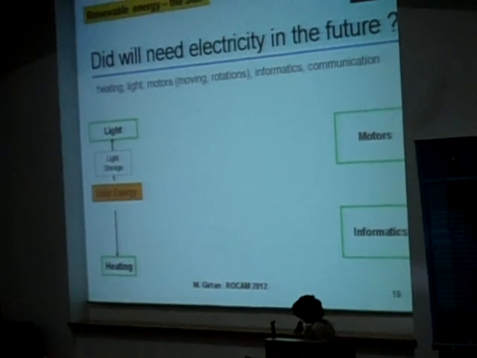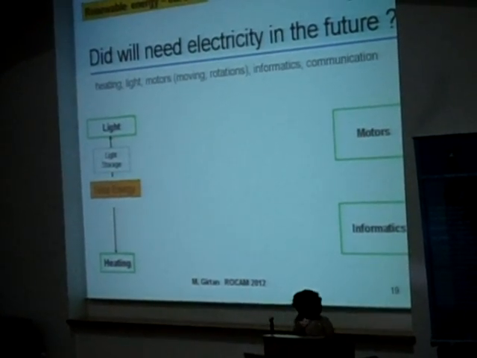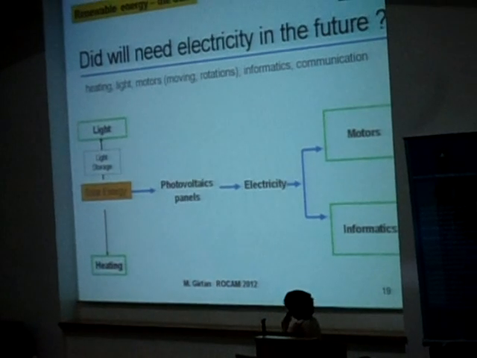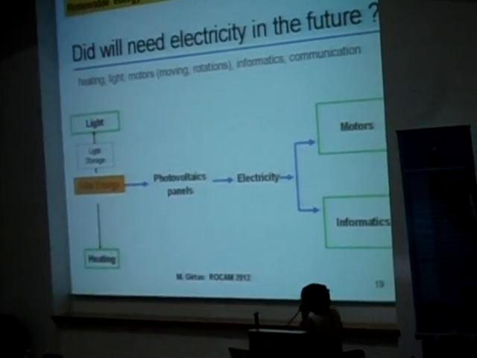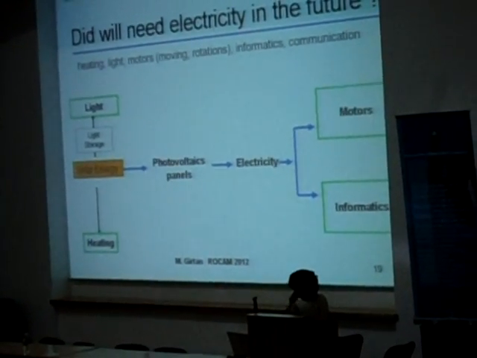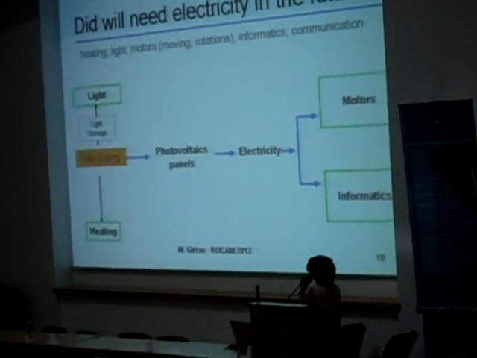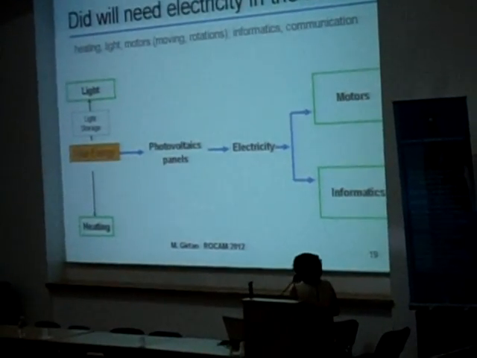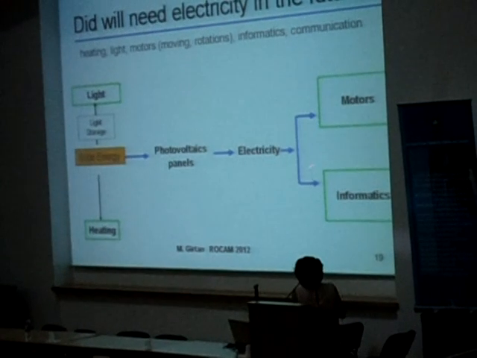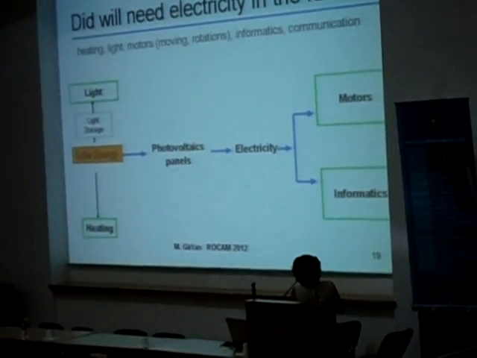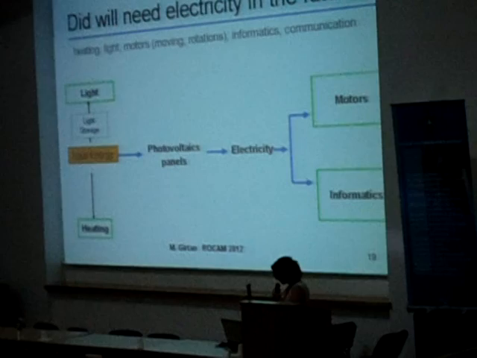And we have the other two problems: how to use solar energy for informatics. Today we transform solar energy into electricity. We use photovoltaic panels, and we can use it for informatics and motors.